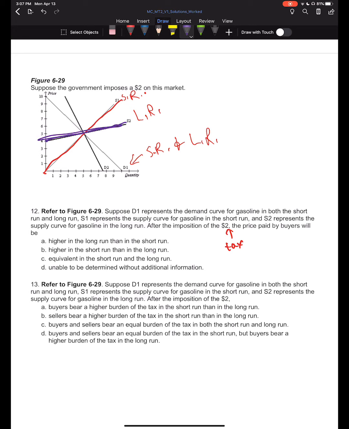So then suppliers in the short run are going to bear more of the tax burden than they will in the long run, which means that buyers in the short run will bear less of the burden than they will in the long run. So that leads us to A, the price buyers pay will be higher in the long run than it will in the short run, because the buyer's curve doesn't change. It's the same for both the short and long run, but the suppliers become more elastic in the long run, which shifts more of the tax burden to the buyers in the long run.